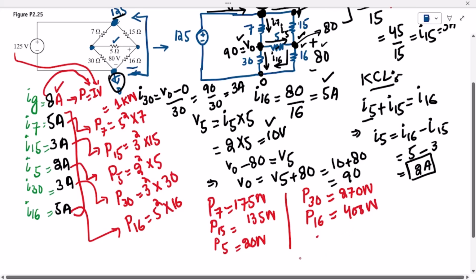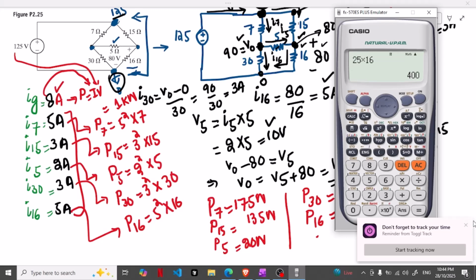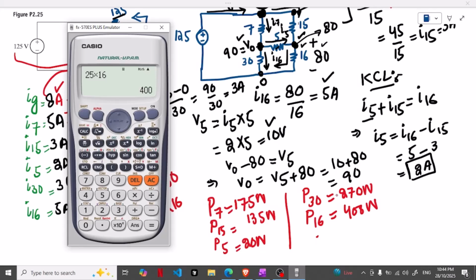Let me now add them all together. This is 400 plus 270, plus 20, plus 135, plus 175.